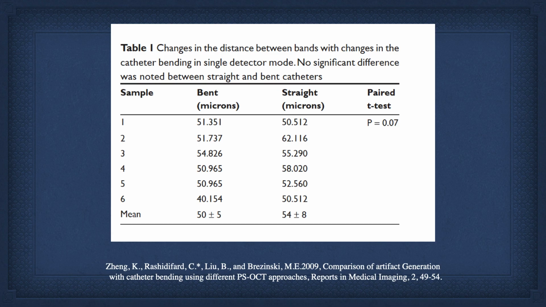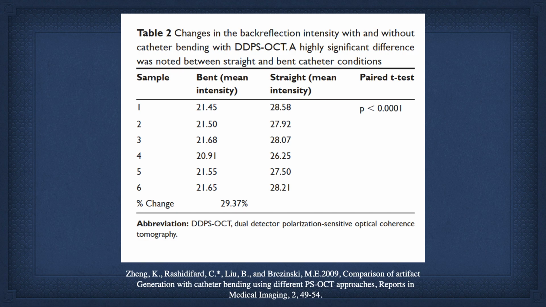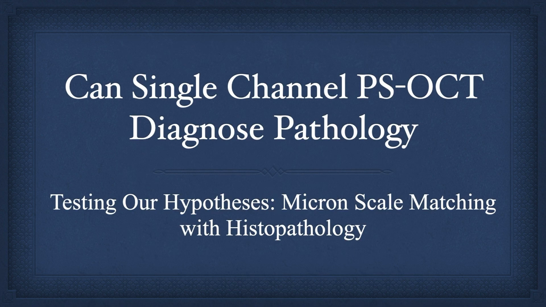It wasn't statistically different. Now, if we looked at dual detector, and you can look at the paper how we did it, there was a 30% change in the value. And that was highly statistically significant, 0.0001. So I'm a single detector person.